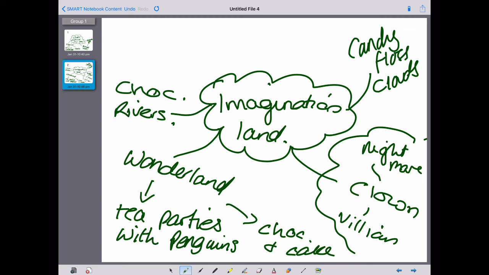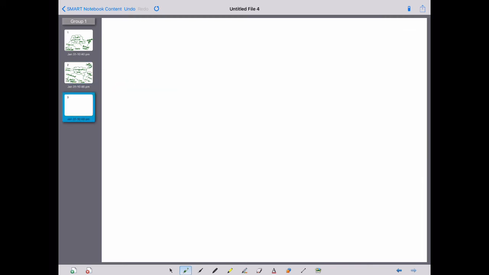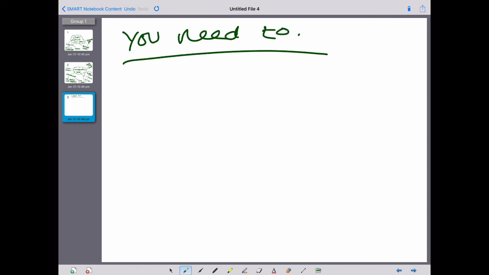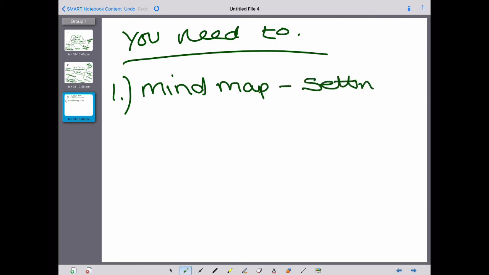Okay, so you need to, job 1, decide what it's like before you get to the door. So mind map the setting. That is before the door.